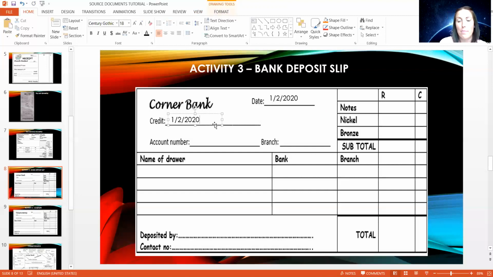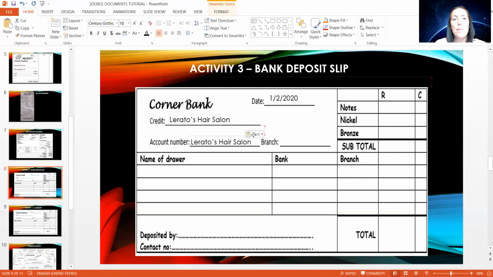That's the name of the bank that she's banking with. Now we need to tell Corner Bank into whose account they must put this money, and obviously that's very important. What's her business's name? Lerato's Hair Salon. Okay, so this is where Corner Bank must put this money, into Lerato's Hair Salon's bank account.